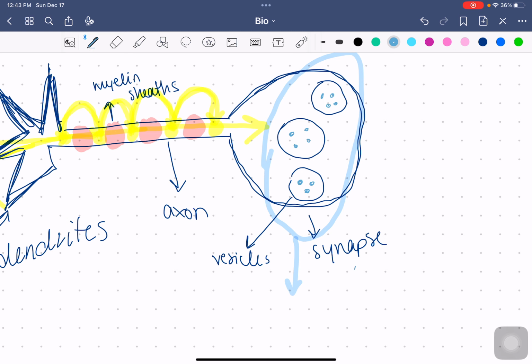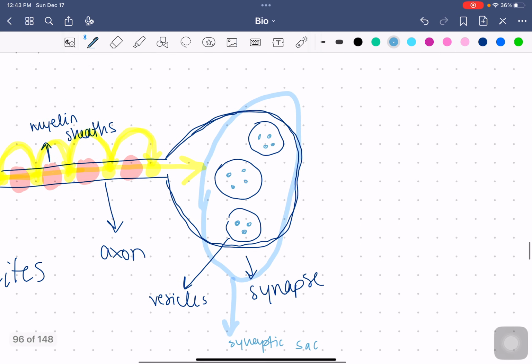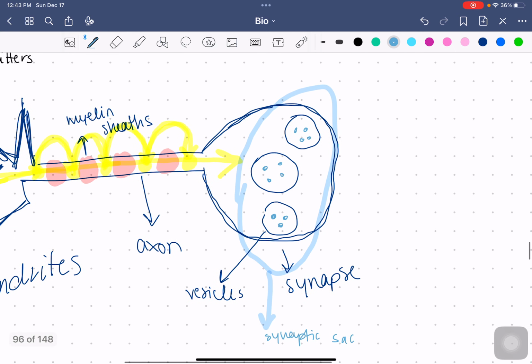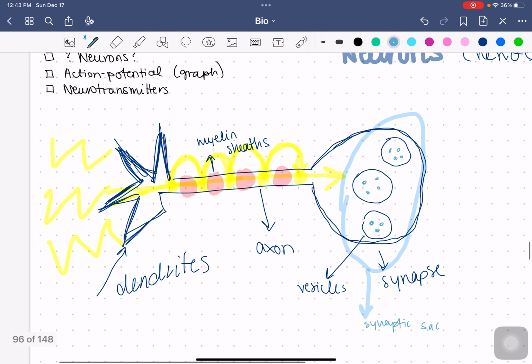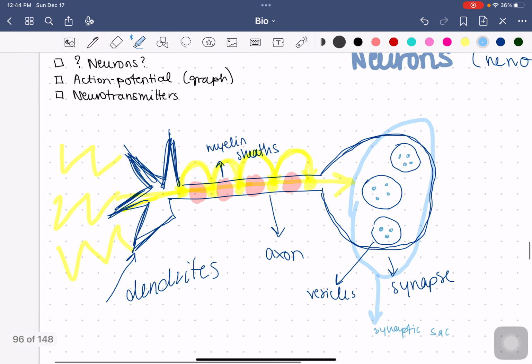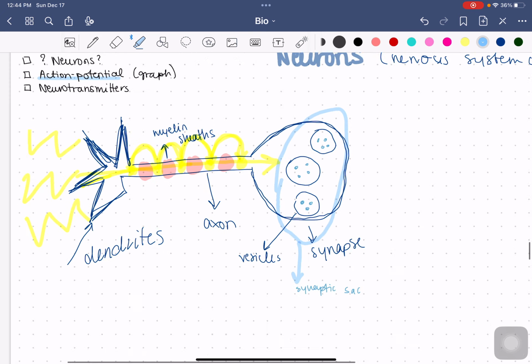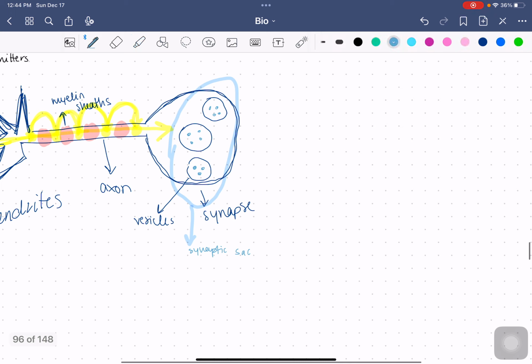We're going to come back to this, but let's go to our action potential because we need to explain this in terms of where all the other things are coming from. You'll see what I mean.